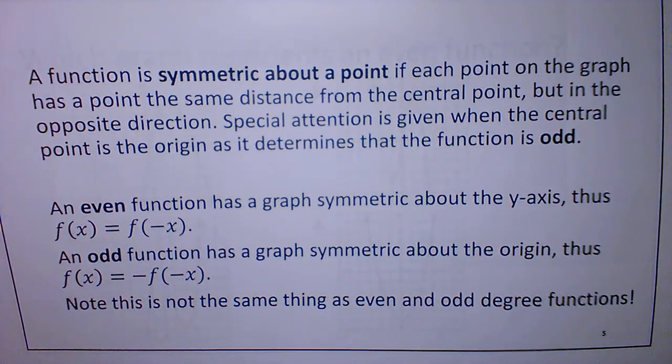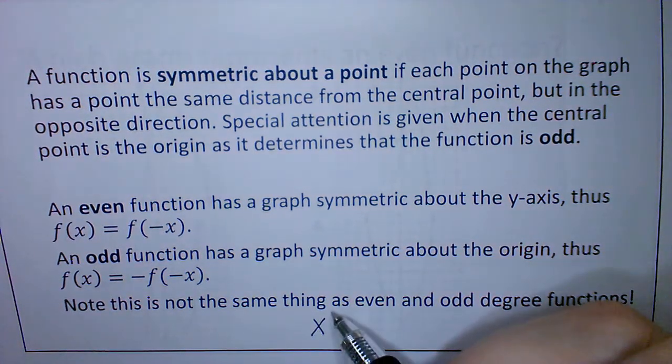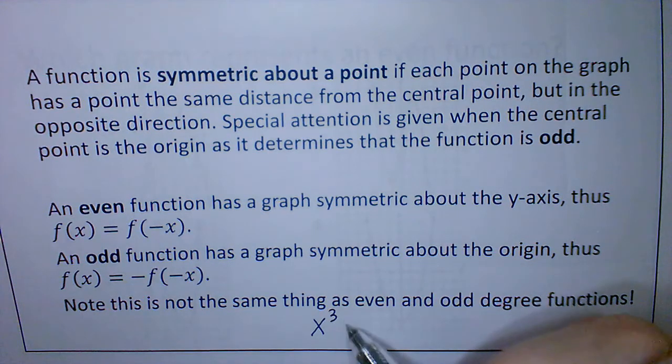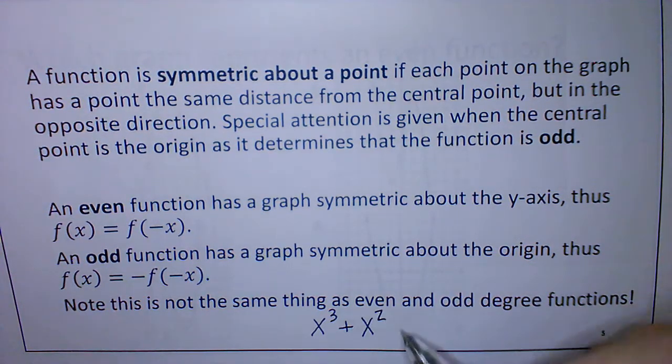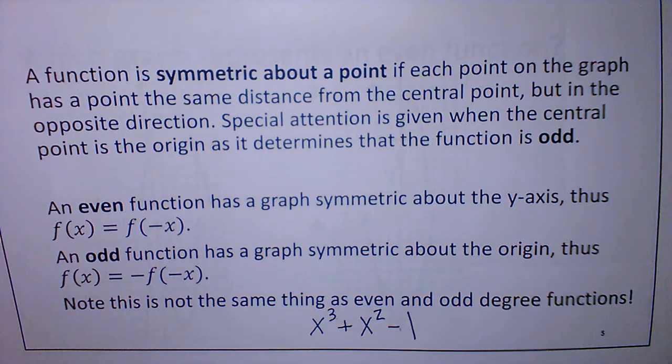And then we need to make this note in your notes. This is not the same thing as an even and odd degree function. So yes, it is an odd degree, but it is not necessarily an odd function. That does not guarantee that that will happen.